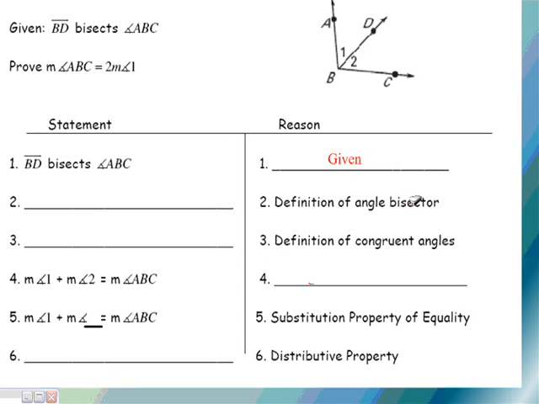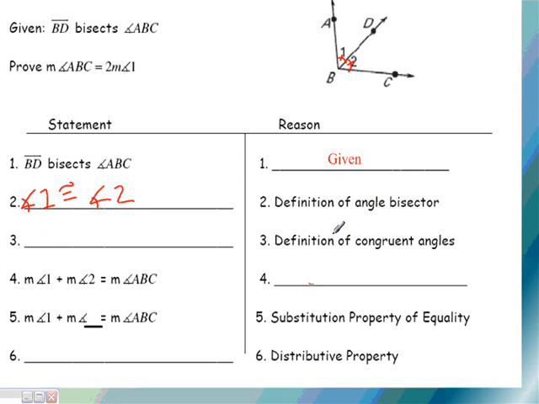And the definition of an angle bisector is that it divides an angle into 2 congruent parts. So, oh, it's not there. So sad. What that means for this is if my angle is bisected, it means angle 1 is congruent to angle 2. That is the definition of an angle bisector.